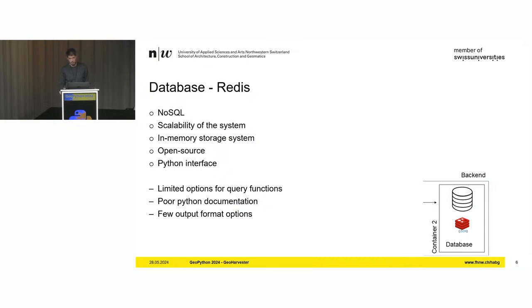It's an in-memory database, so it means we don't need a lot of space on the hard disk to store the data. It's just an in-memory storage system. Of course, we just retrieve metadata, so it's not that much space. Of course, open source, and of course, it has a Python interface.